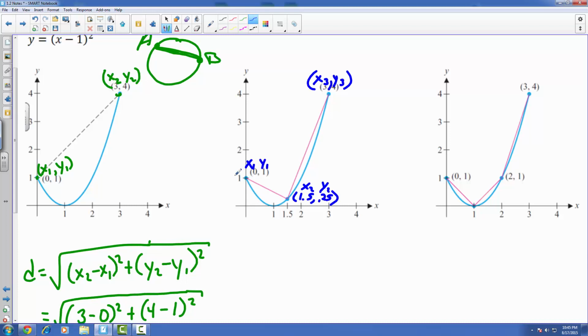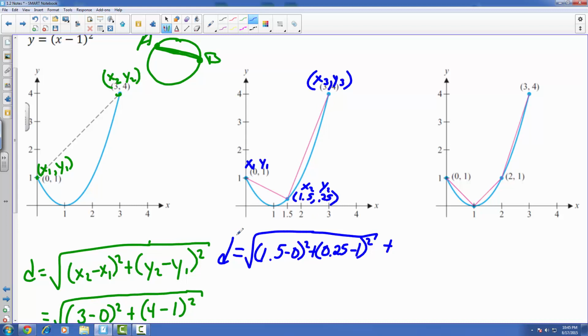Now, let's show what that would look like so you have that for your notes. So we have the distance is equal to the square root of, just doing this first one, 1.5 minus 0, quantity squared, plus 0.25 minus 1, quantity squared. And then you would have to tack on this distance as well.